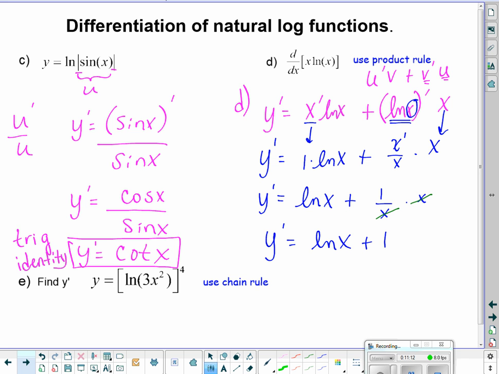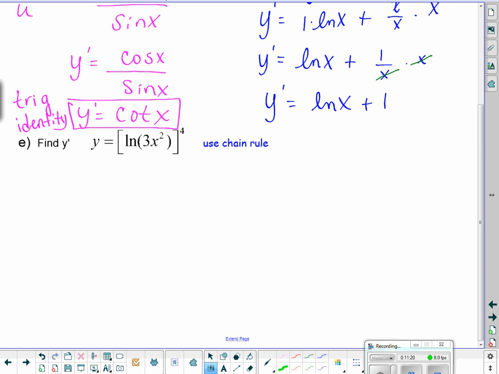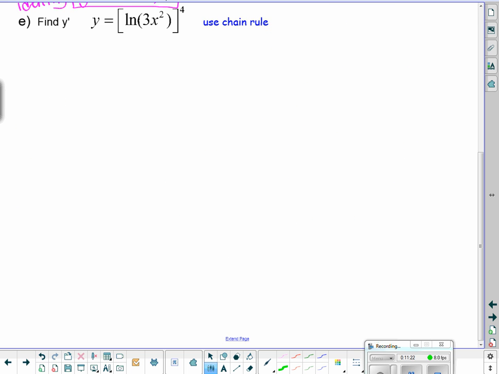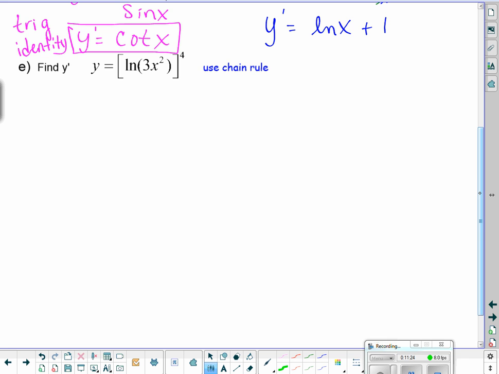Okay, the last one. Ooh, I saw chain rule. Don't get scared. It'll be okay. Chain rule. We have that outer power of the fourth. So there really are two levels to this function. And I'm thinking I've already spotted it.